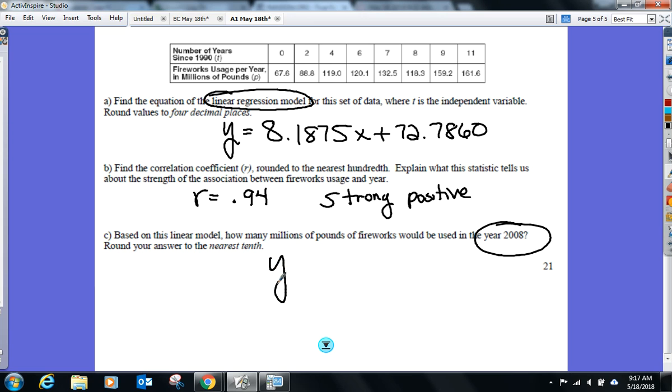So I'm going to take Y equals 8.1875 and plug in 18, not 2008. And what is it, nearest 10th?